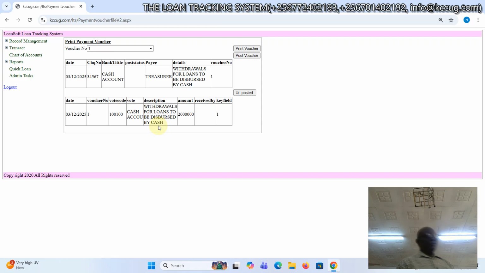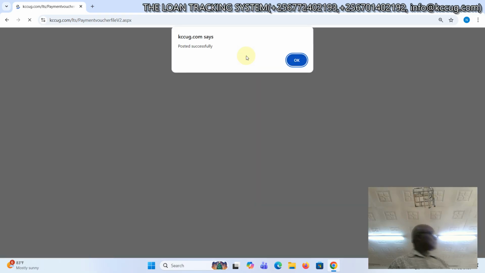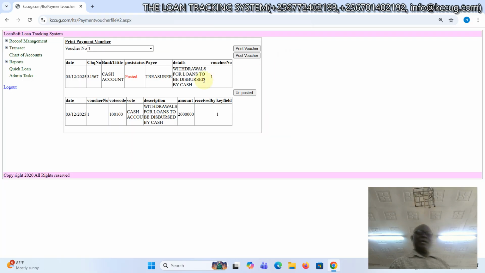Now, one thing you should note is that every payment voucher comes with a voucher number. It is automatic. Now, if I want to post only this one, once it is in view like this, just click on post. It indicates here that this voucher has been posted.